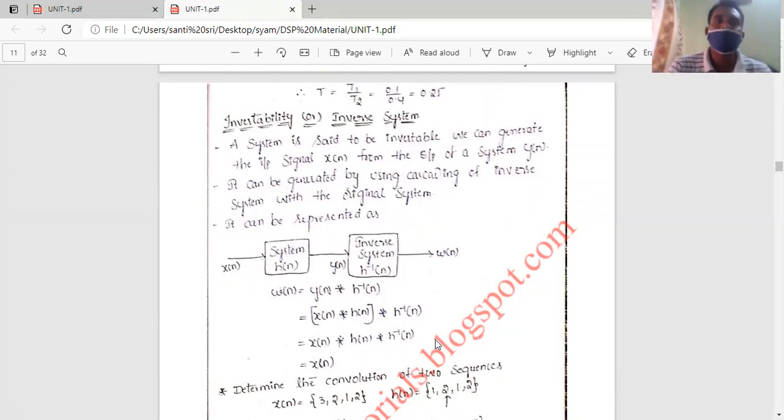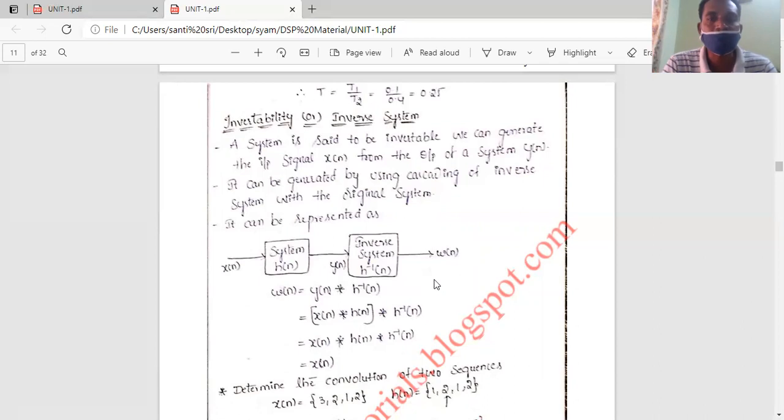How can we say that a system is invertible? We can generate the input signal x of n from the output of the system y of n. If you see the diagram, x of n is the input signal and w of n is the output signal. So in the inverse system, x of n can be obtained from the output of the system.